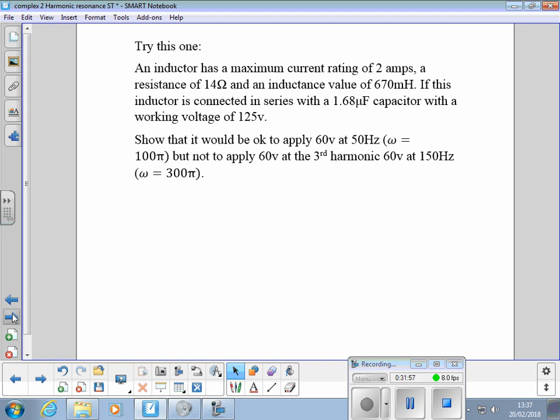The calculations you determine will prove that it's not a good idea. Okay, it's not a good idea to put 150 hertz at 60 volts on that inductor. All right.